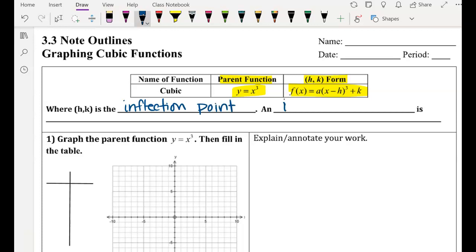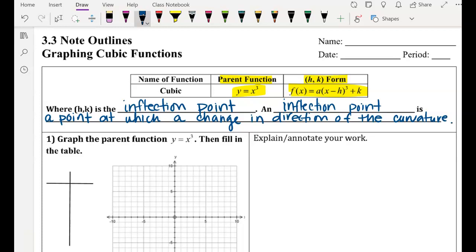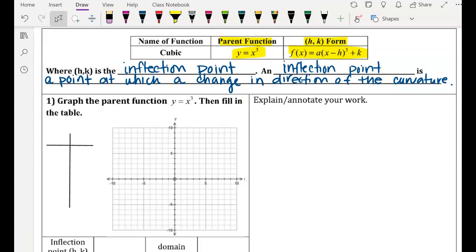An inflection point is a point at which a change in direction of the curvature occurs. When we graph it out, I will explain to you why there's a change in curvature.